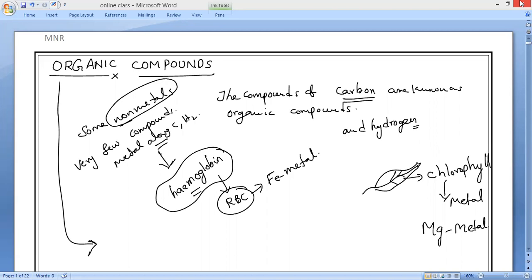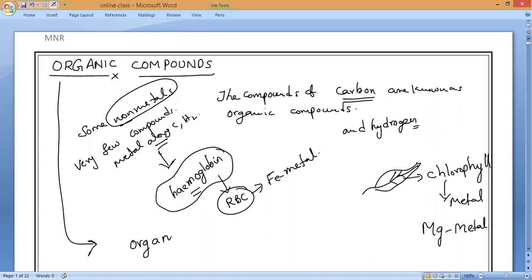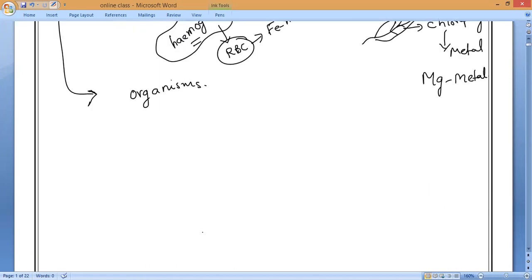Organic is the word which is derived from organisms. That is the meaning of organic. Initially, very long back, it was considered that organic compounds were those derived from living organisms. Who are the living organisms?